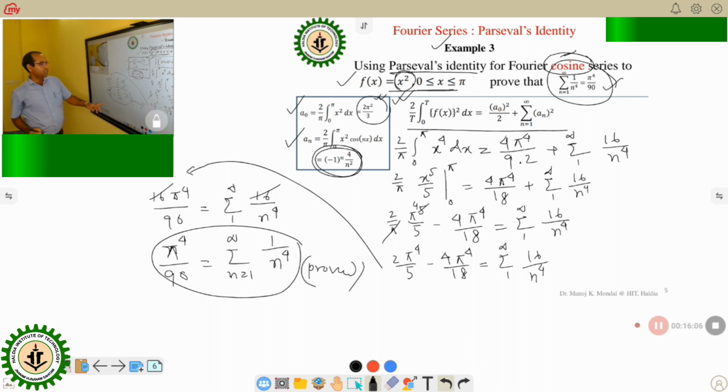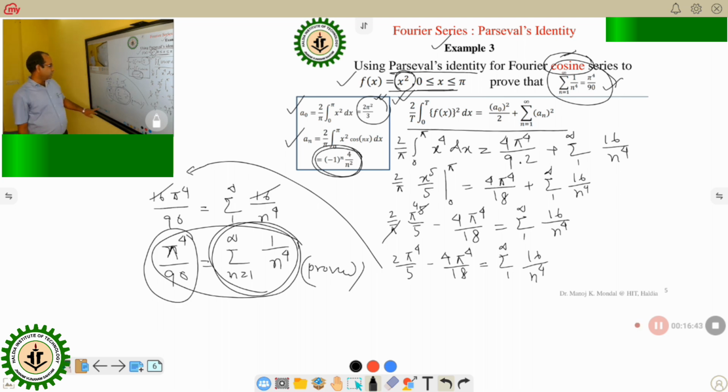So this is just Parseval's identity. By applying Parseval's identity, we can easily find the value of this type of infinite series. Previously, when we considered convergence cases, we said that a series is convergent or divergent, but for convergence we don't know what value it converges to. Here, with the help of Parseval's identity, it converges to pi to the power 4 by 90.